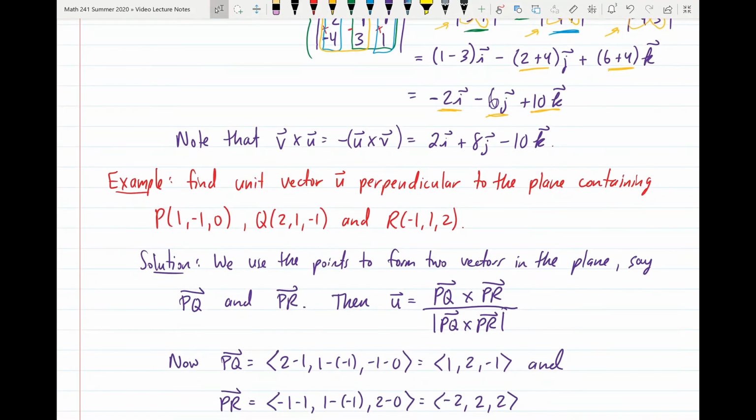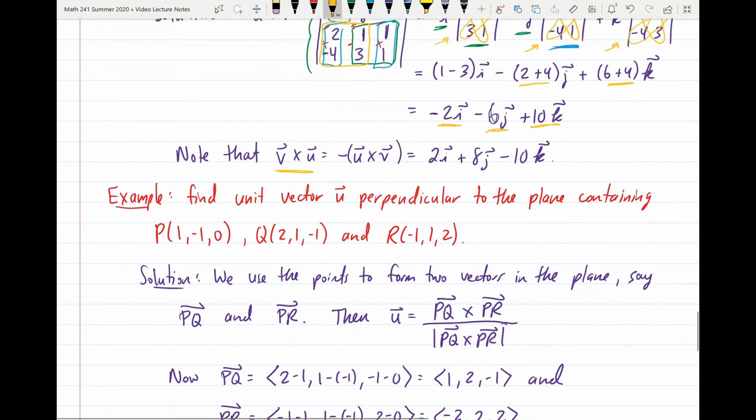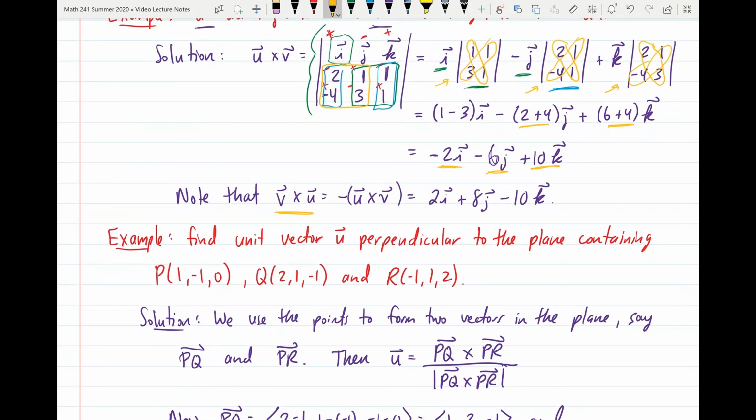And note that v cross u, as opposed to u cross v, is going to be equal to negative u cross v. This is one of the properties of the cross product, which would be 2 times the standard vector i plus 8j minus 10k. So here we've just reversed the signs of the components that are given above.